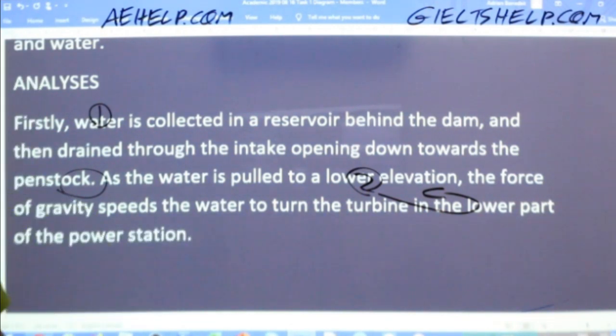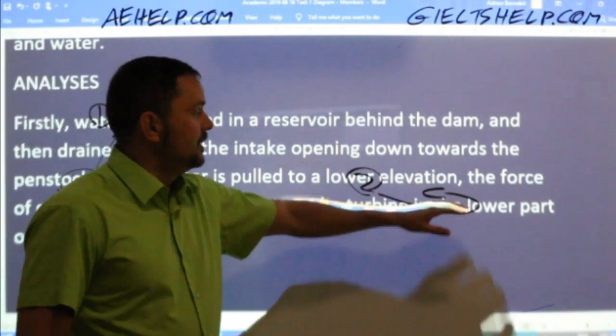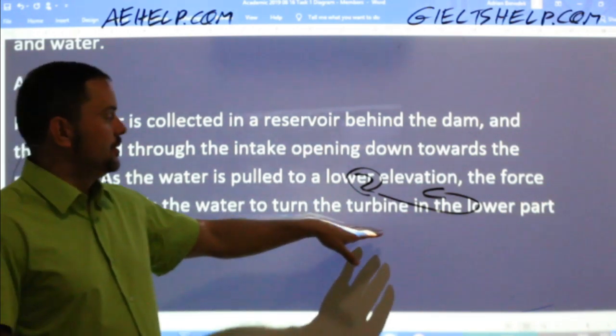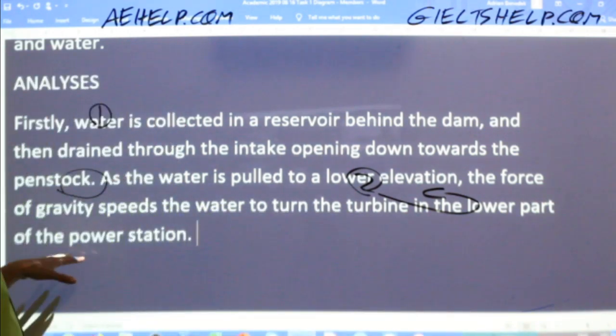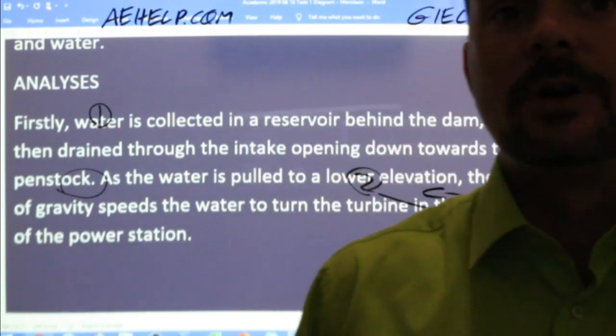Okay. So as the water is pulled to a lower elevation, the force of gravity speeds the water to turn the turbine in the lower part of the power station. Sure, that works.